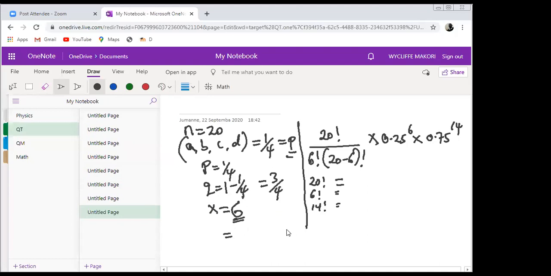Yes, anybody with an answer? Or you are not yet? Okay, we can do it together. What did you get as an answer for 20 factorial?